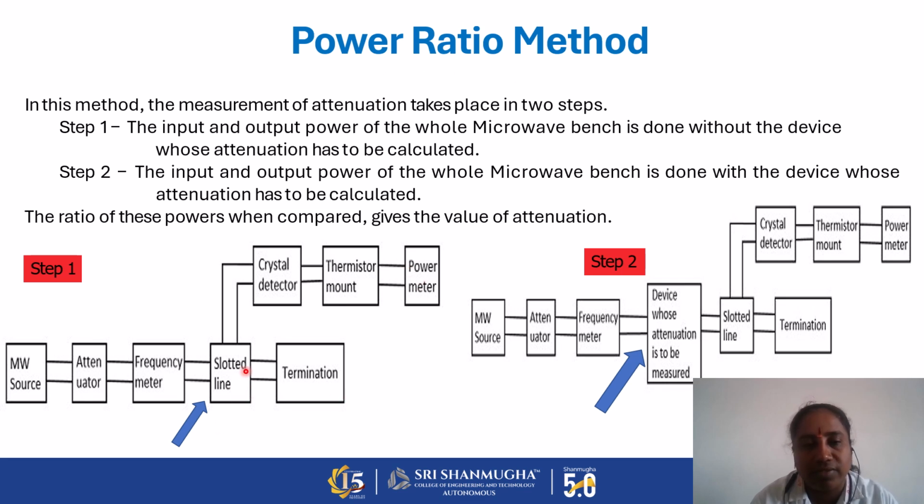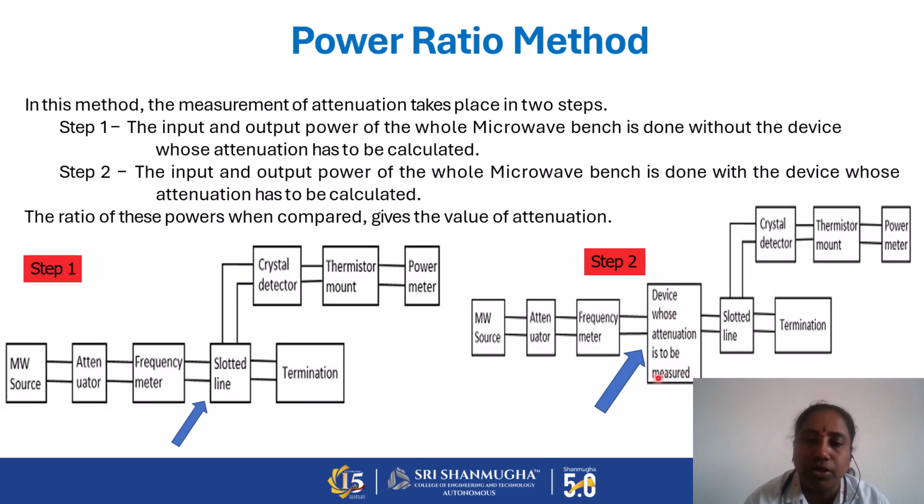Next, the second end of the slotted line, the second port, is connected to the termination. The matched termination is used to observe the entire power level of the microwave system. This is the main function of the termination part. The first port is connected to the crystal detector, thermistor mount, and then power meter. When we come to step 2, before the slotted line, here is the device whose attenuation is to be measured.